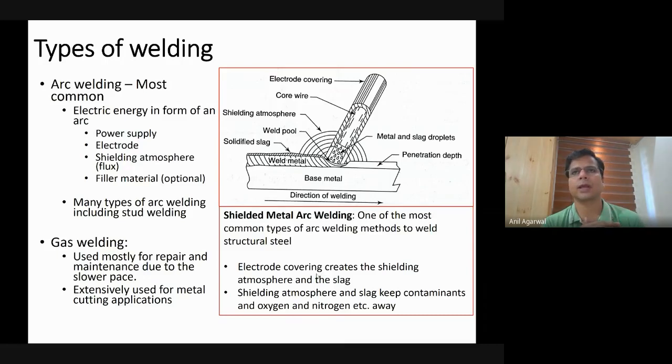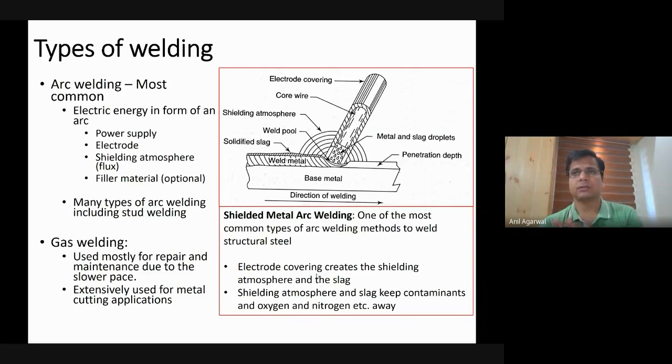I saw a lot of pipes done with that method, but since a pipe has a circular surface, what they do is the welding electrode stays in one position and the pipe rotates, so that the welding is always happening on a horizontal surface. That's where the deposition of this flux takes place.